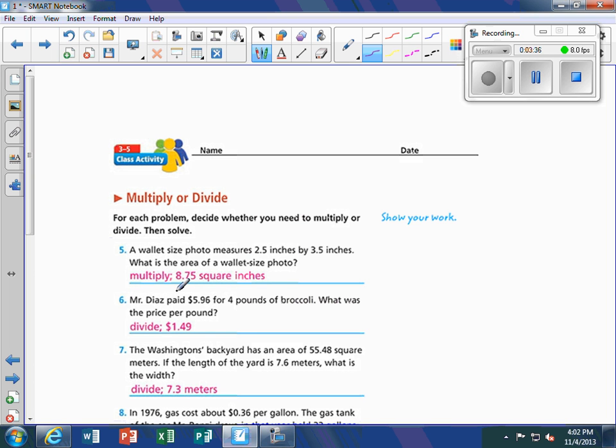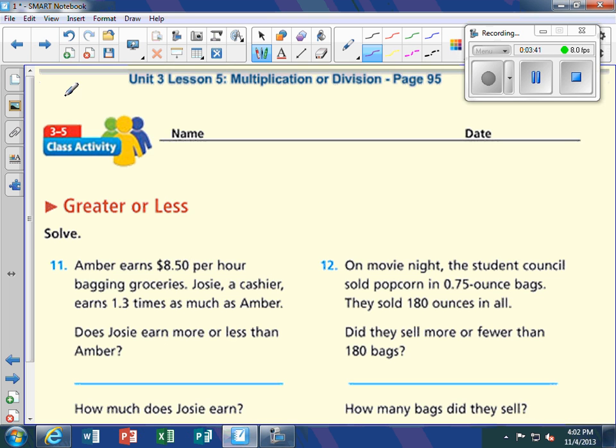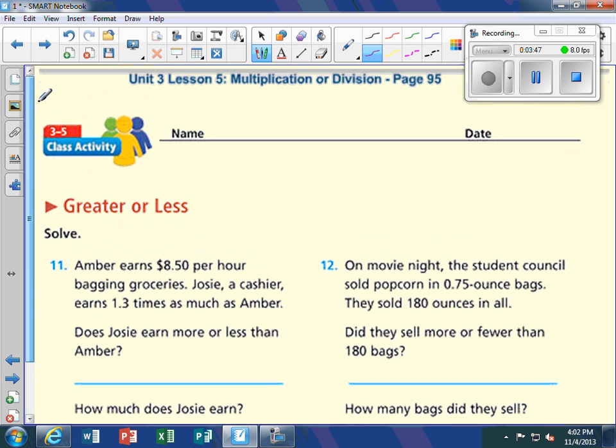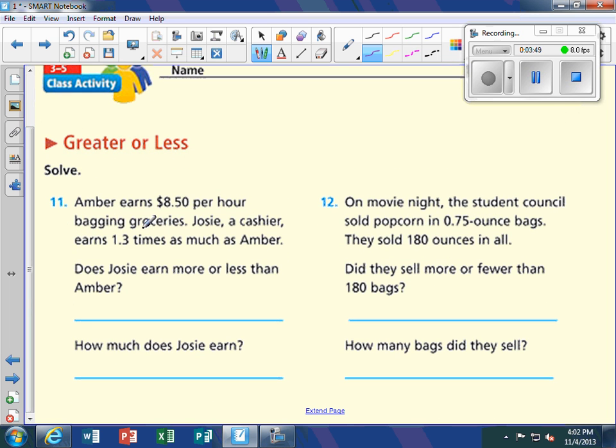There's your answers here. Multiply, 8.75 square inches. Divide, 1.49. This is on page 95. Number 11. Amber earns $8.50 per hour bagging groceries. Josie, a cashier, earns 1.3 times as much as Amber. Does Josie earn more or less?